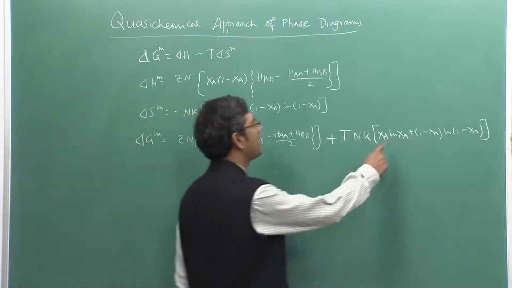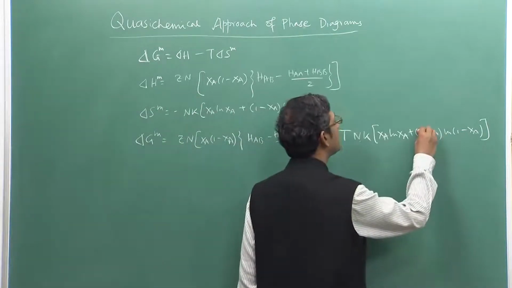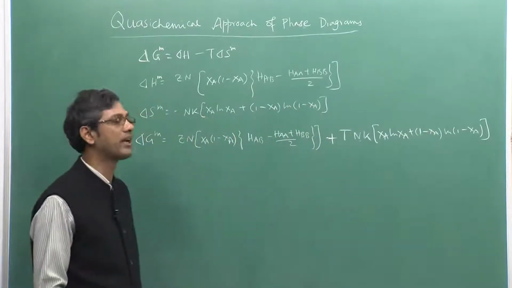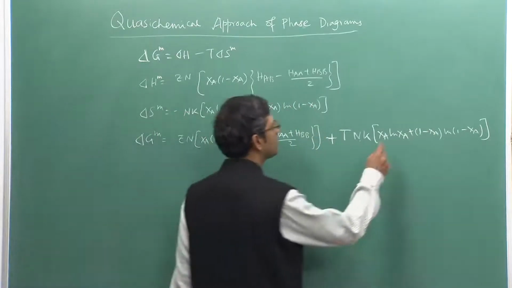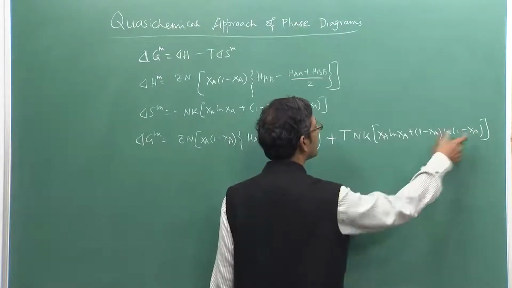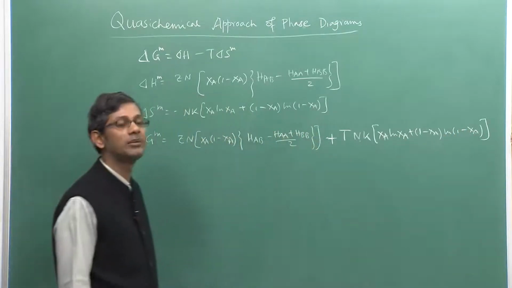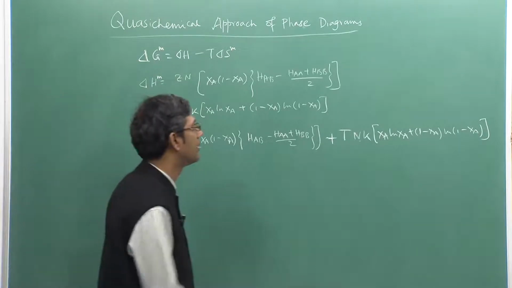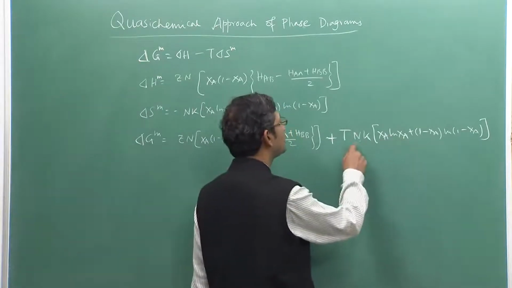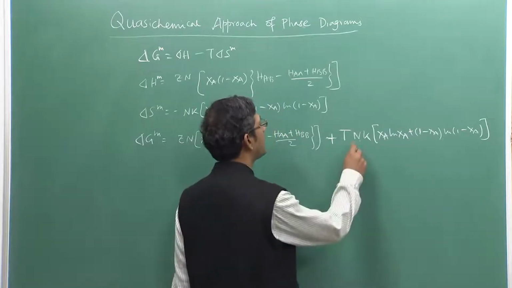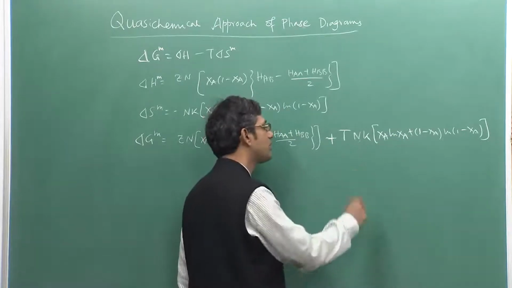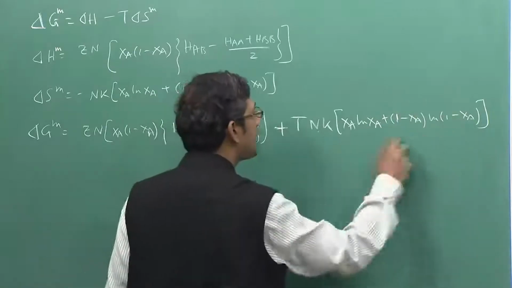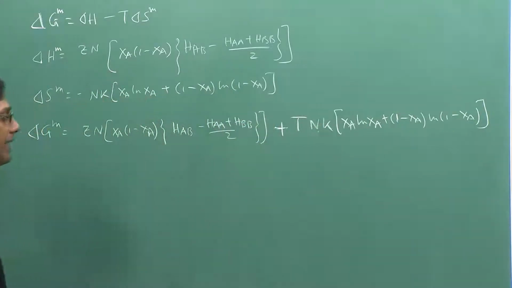Because Xa is always a fraction, so 1 minus Xa is also a fraction, and the log of a fraction is a negative number, like log of 0.5 or log of 0.4. Because of that, this term is negative. Obviously, n is the Avogadro number, k is the Boltzmann constant, T is the temperature, they cannot be negative. So this whole thing will be negative.